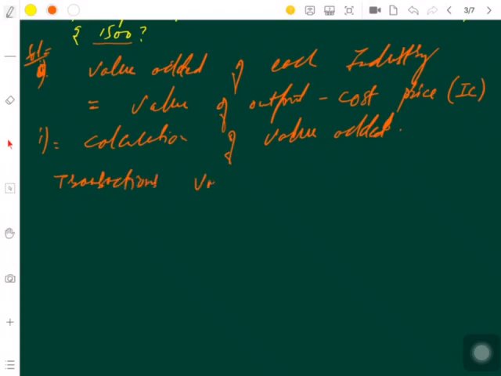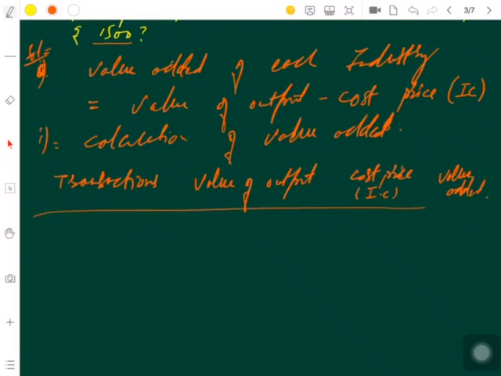Number second thing will be value of output. Number third will be cost price or intermediate consumption. And at last we will see into value added. That is what we have to actually do. So I'll underline all of these things and divide the table like this.